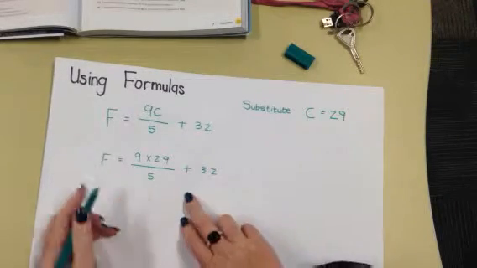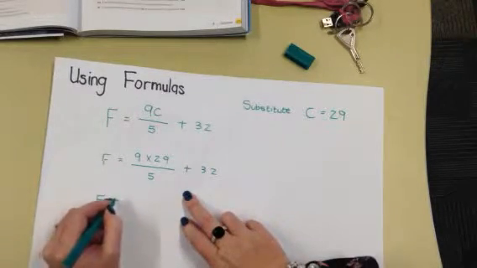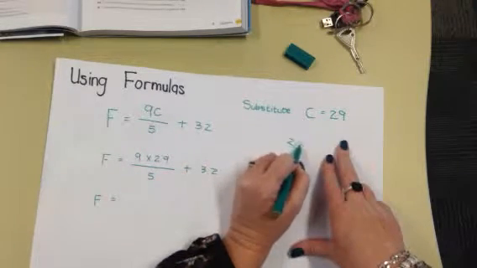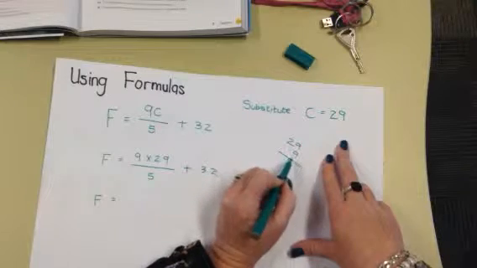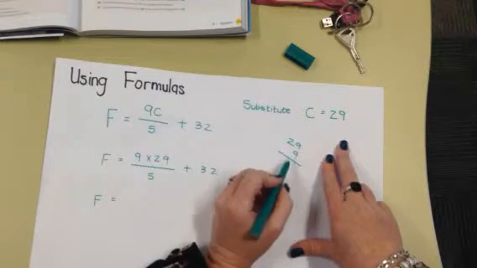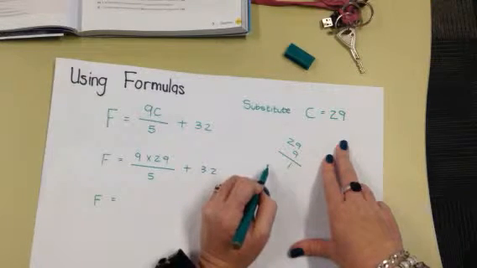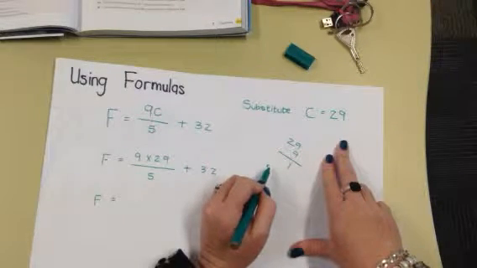So now F is equal to 9 times 29. On our piece of paper, we go 29 times 9. 9 times 9 is 81, so we carry an 8. 2 times 9 is 18, and 8 is 26.